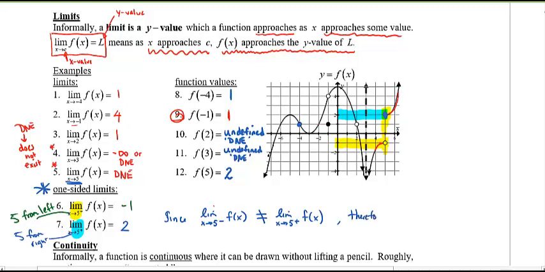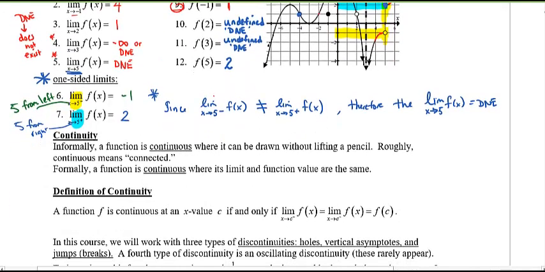Therefore, the limit when x approaches the actual number 5 does not exist. So in order for a limit at a number to exist, the limit from the left must equal the limit from the right. That's a key statement that you need to know.